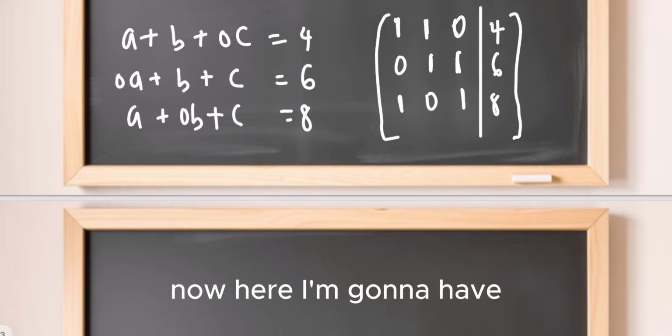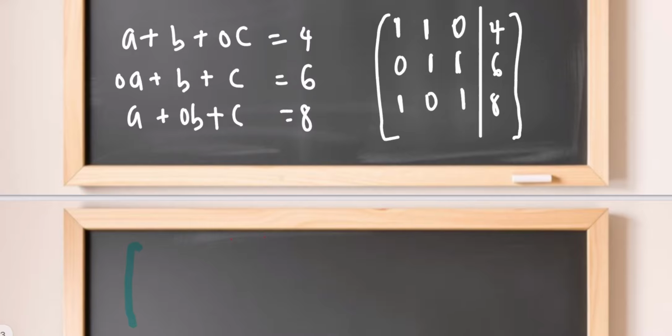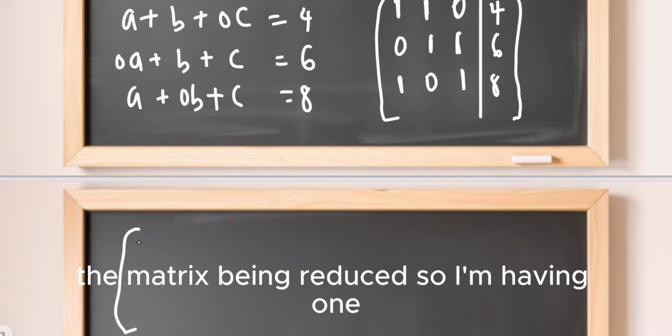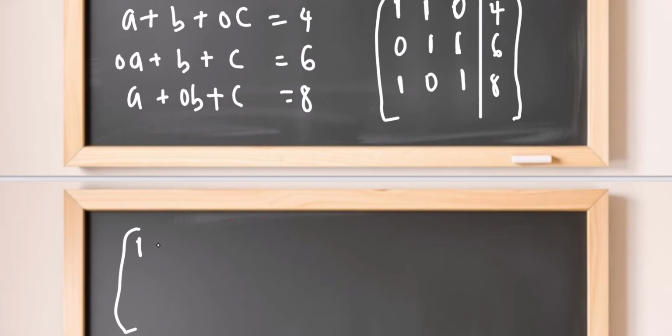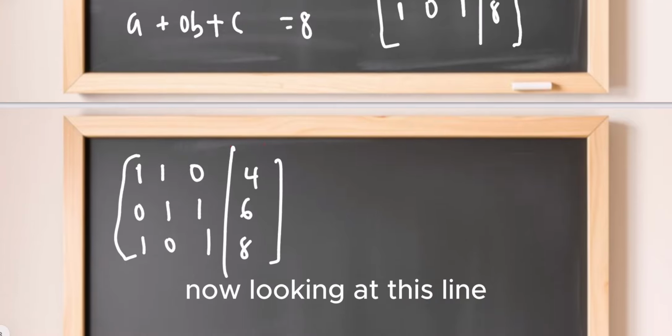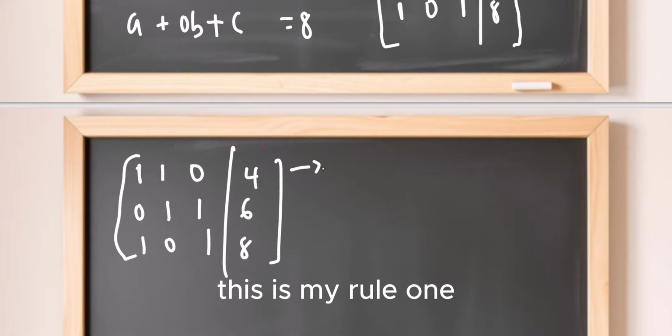Now, here I'm going to have the matrix being reduced. Here I'm having 1, 1, 0, 0, 1, 1, 1, 0, 1, 4, 6, 8. Now, looking at this line, this is my row 1.